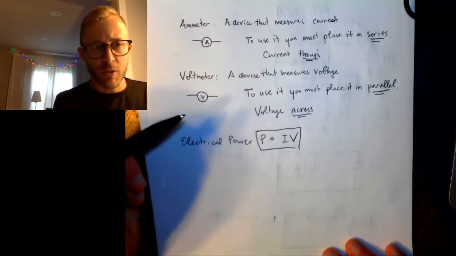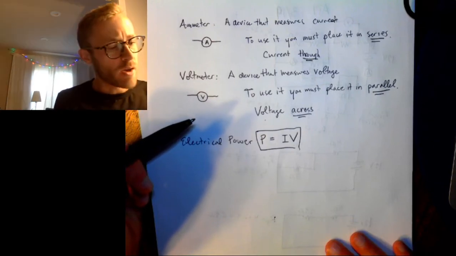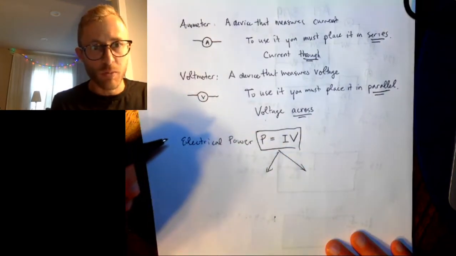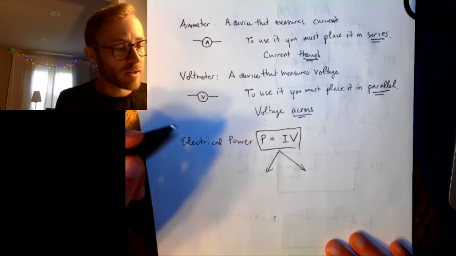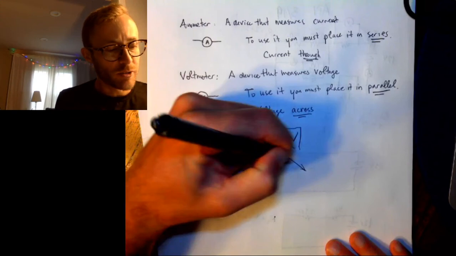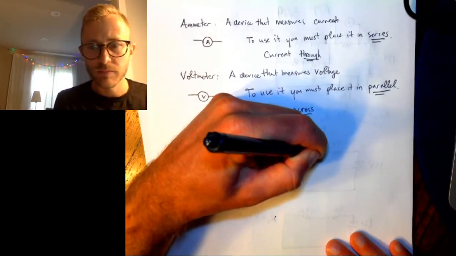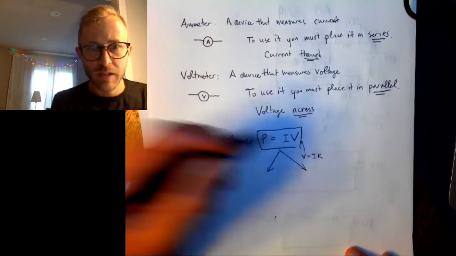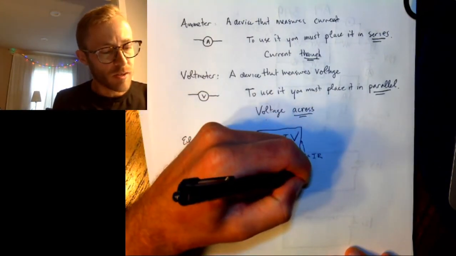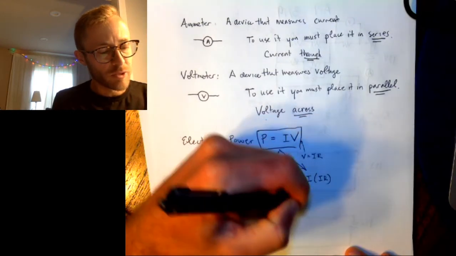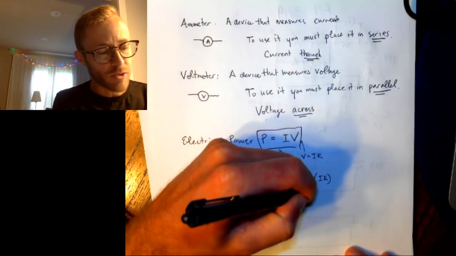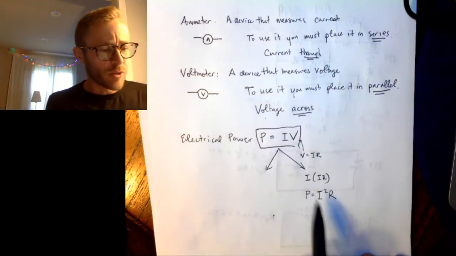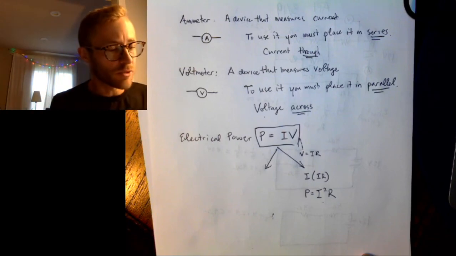We can take this equation and we can combine it with Ohm's law. So if I use Ohm's law, well, V equals I times R. And then I plug that in for V, I get I times R times I, which is I squared R. So this equation is an equation for the power dissipated by a resistor.